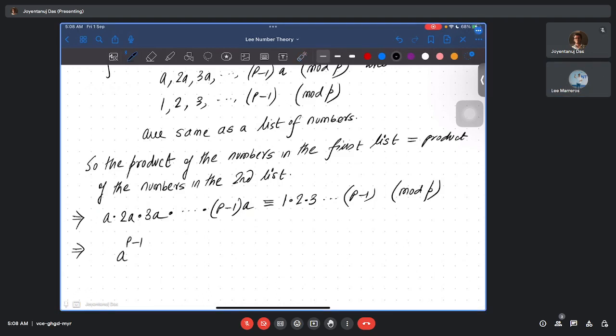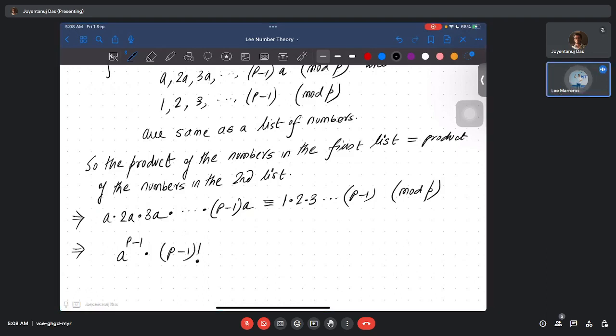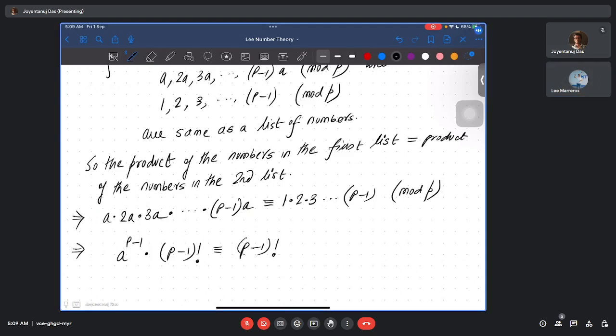And what is the remaining term? 1, 2, 3 up to p minus 1, so p minus 1 factorial. On the right hand side also I have p minus 1 factorial modulo p.